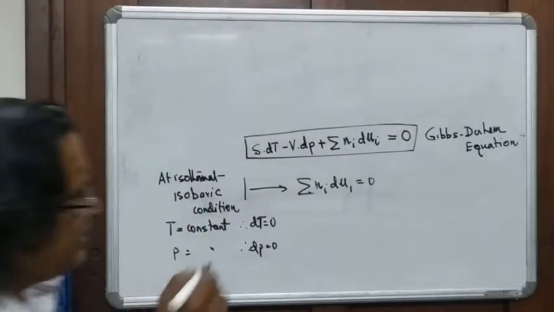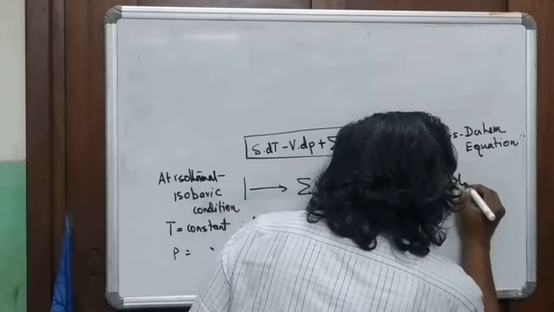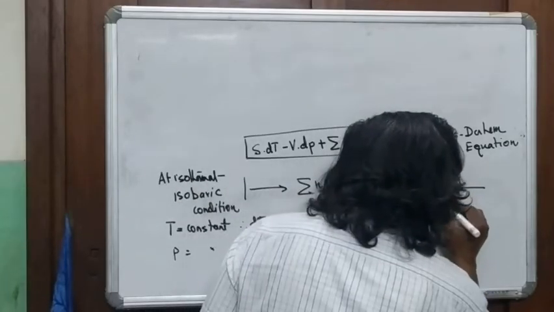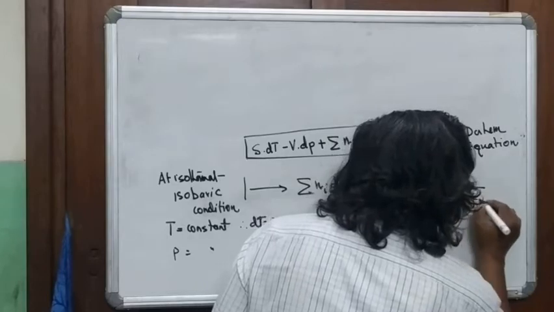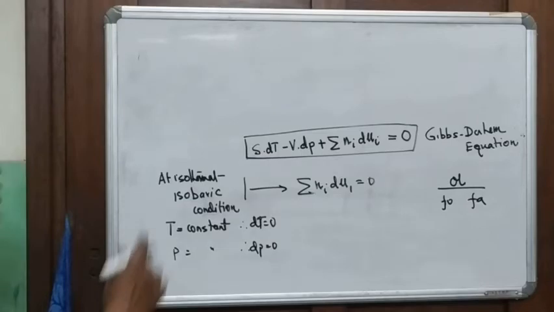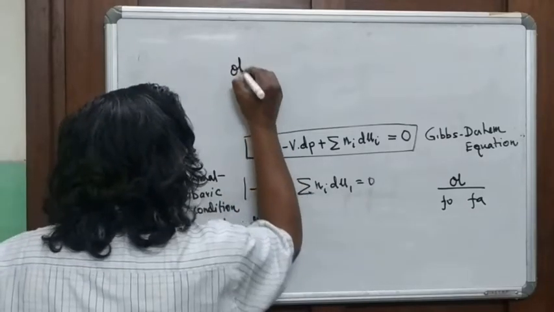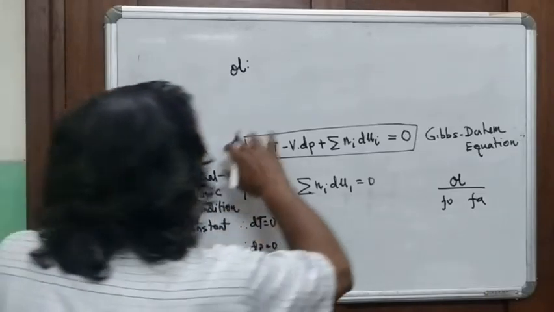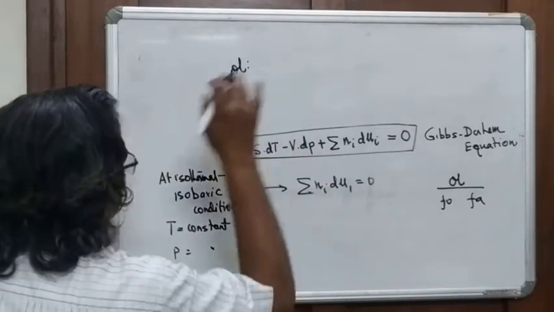Let me tell it easily. Olivine is the phase. And there are two phase components, forsterite and fayalite. So what does this Gibbs-Duhem equation do for olivine at isothermal isobaric conditions? Okay, let me write it for the full and then I will write it for this only.